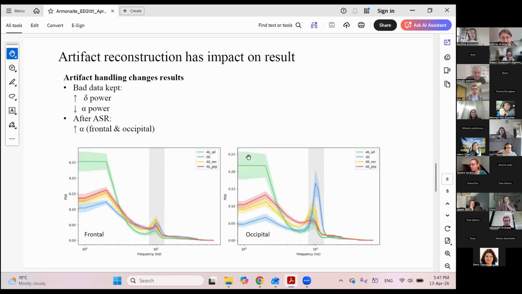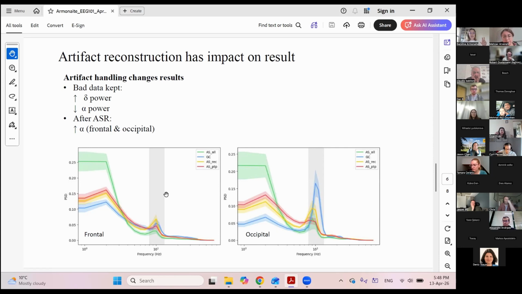Then we compare the space condition and the ground condition. We focus on the alpha band frequency power. We have the blue line for the ground condition, and the rest 3 are for the space condition with 3 different artifact handling methods.